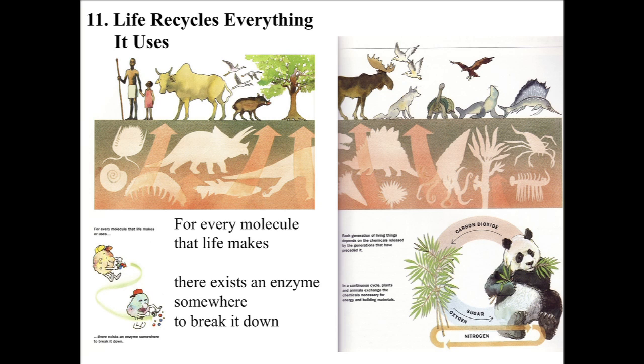Another interesting feature is that life recycles everything it uses. There is not a biological compound for which there is not something that can degrade it and use it. There are even some compounds that humans have made for which organisms have figured out ways of breaking them down and utilizing them. Plastics and PCB. So for every molecule that life makes, there exists an enzyme somewhere to break it down.